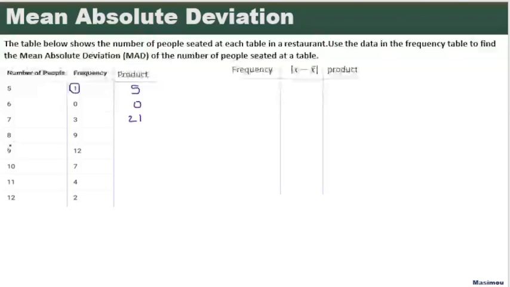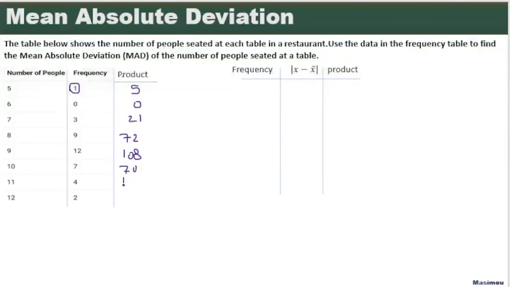And how about this one? 9 tables with 8 people. So it would be 72. And how about here? 9 times 12 gives me 108 people here. And here I have 70.